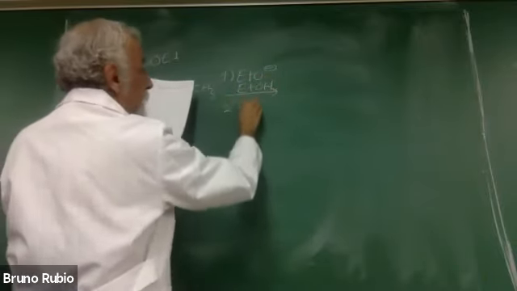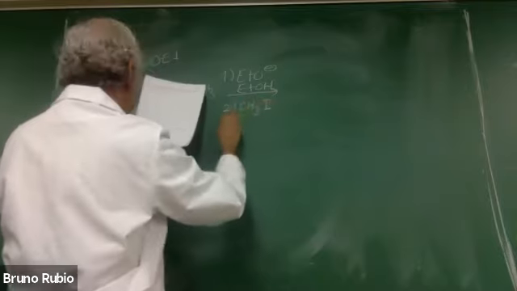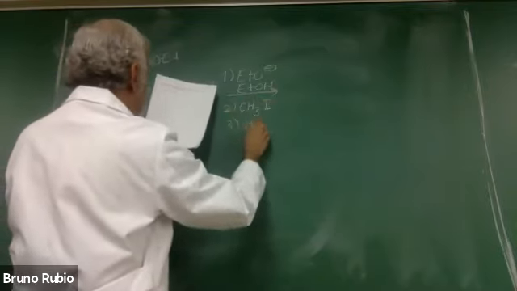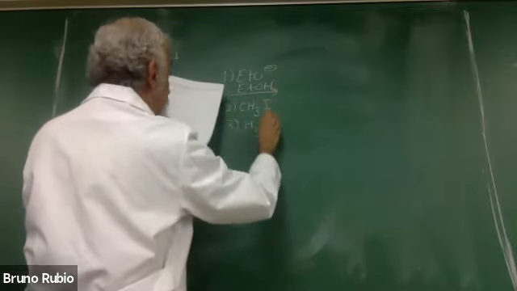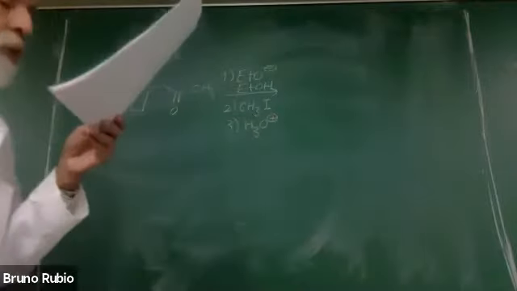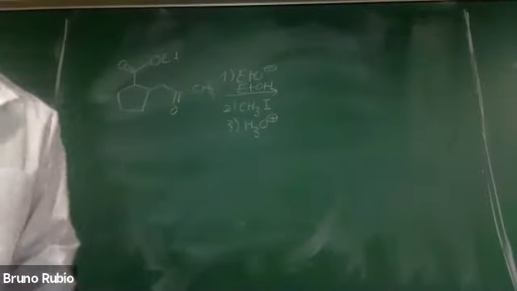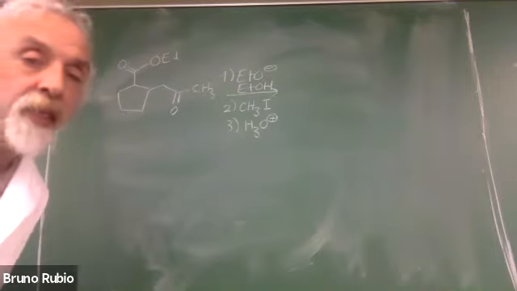Second step, methyl iodide. Third step, H3O plus. Okay, draw the structure of the product.